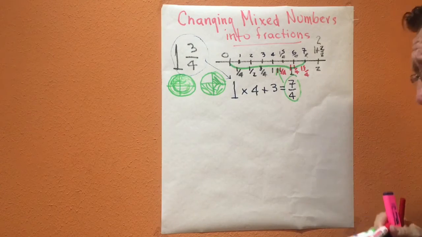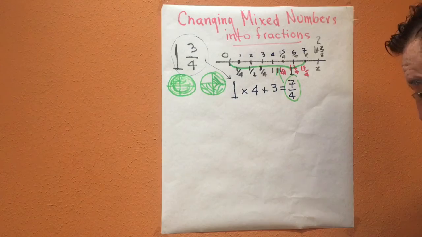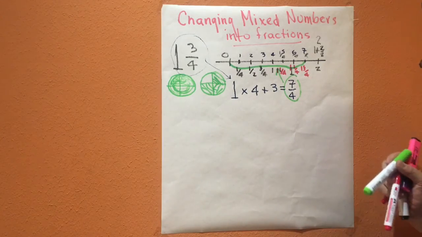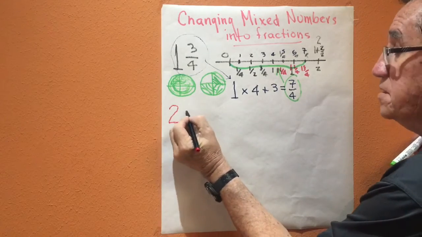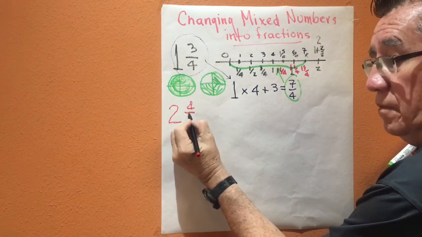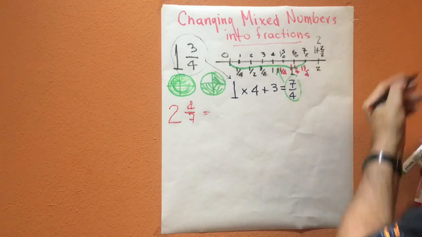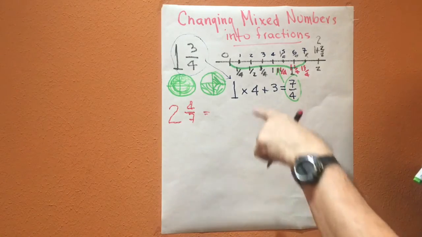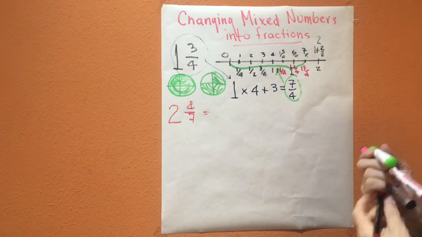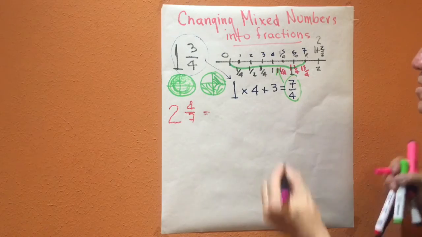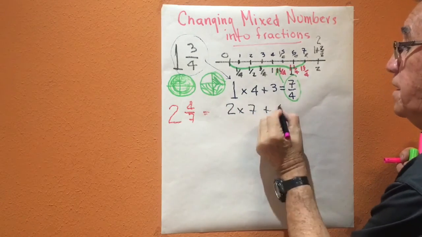Well, but it's kind of difficult to do this kind of drawing all the time. What happens if we can do it in an easier way? Let's imagine that we have this mixed number. Well, I would have to do all this number line, but if I use this formula, it would be easier to multiply just 2 times 7 and add the numerator.